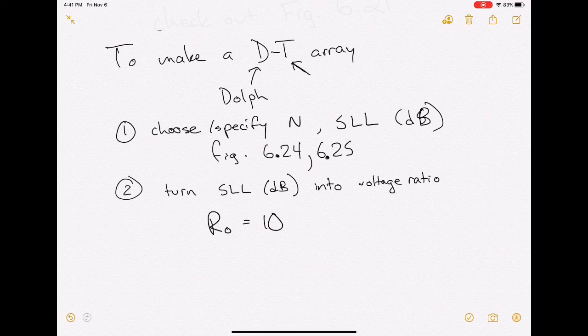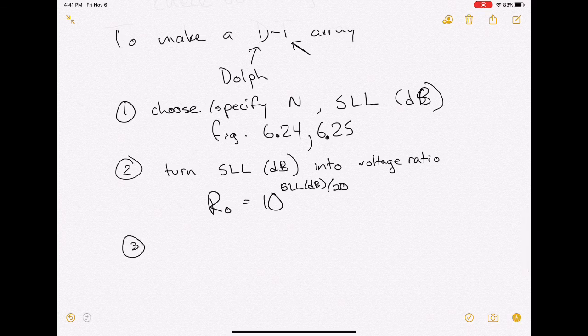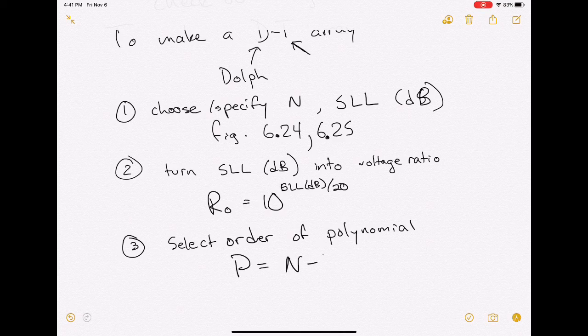And that is 10 to the side lobe level in dB divided by 20. And then you select the order of your polynomial. P is n minus 1, where n is the number of elements.